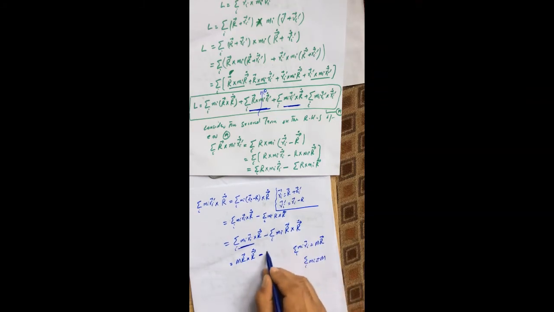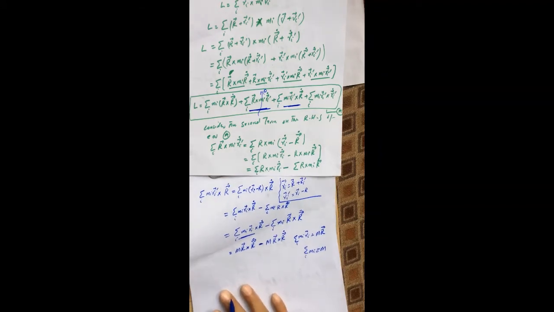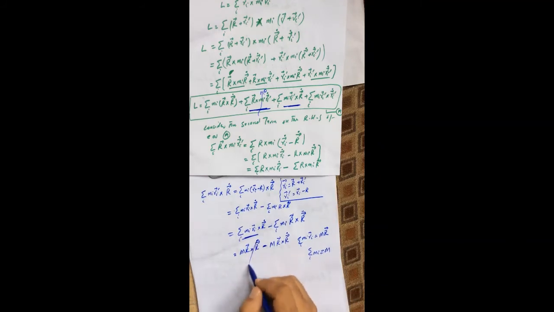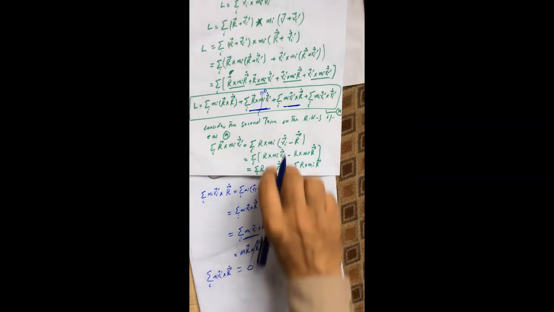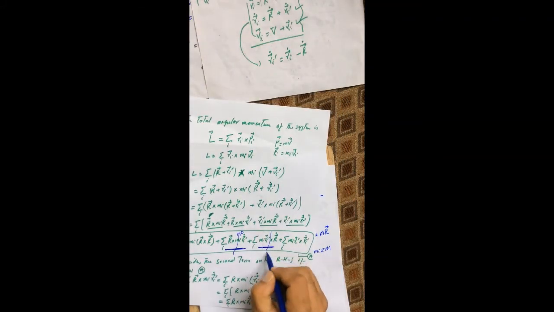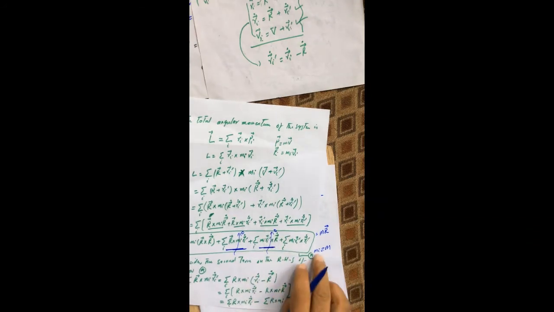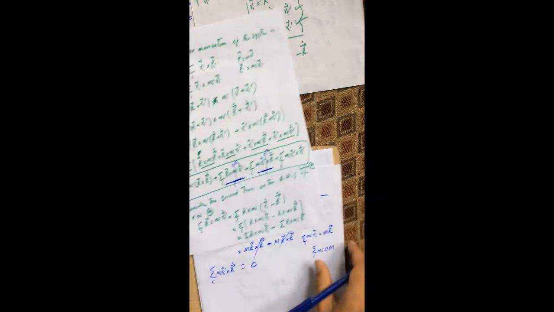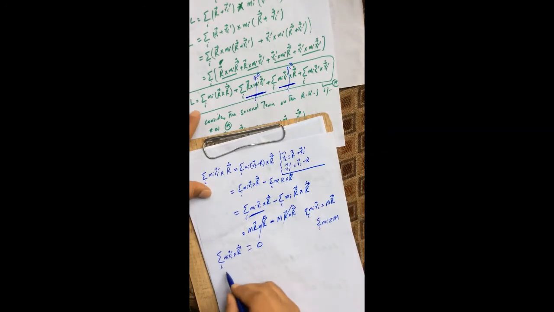So here we have the total mass m, and then R cross R dot. So this will get cancelled with this one. So this term, which is sum over i of mi Ri prime cross R dot, is equal to 0. It means that this term will also become equal to 0.